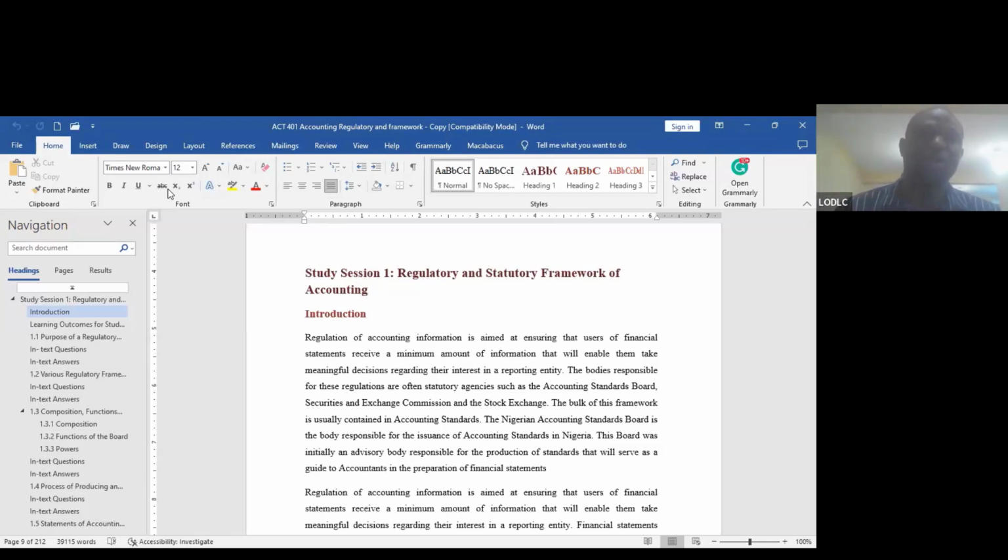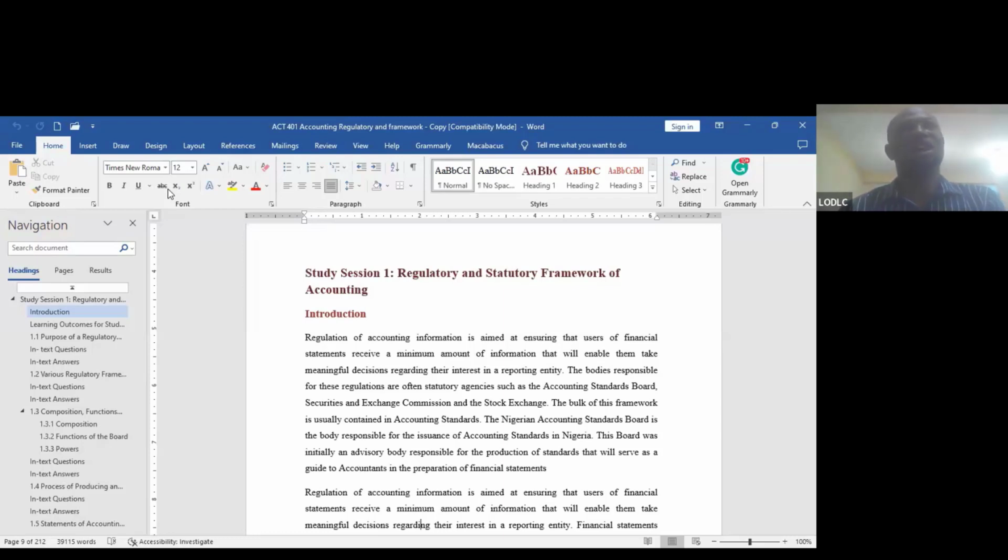For instance, for shareholders to know the assets and liabilities of an organization, he or she must be able to go into the statement of financial position and fetch out the information on the assets and liabilities of that organization, whether the organization can utilize their assets effectively. Do you understand? Or whether they can sustain their liabilities.